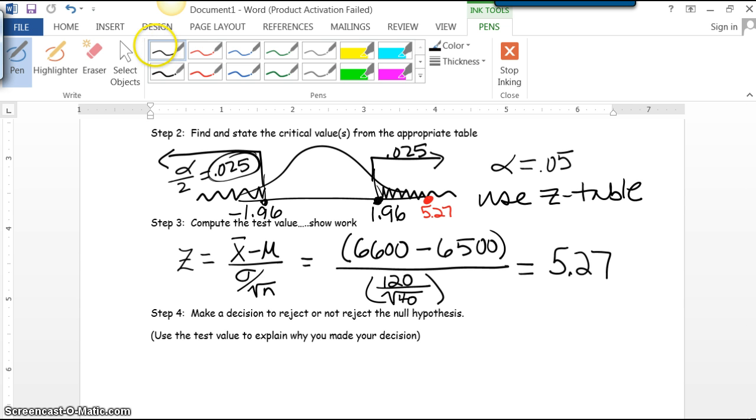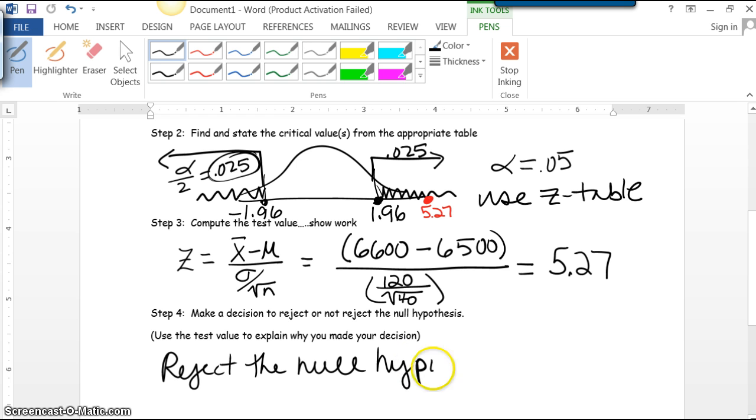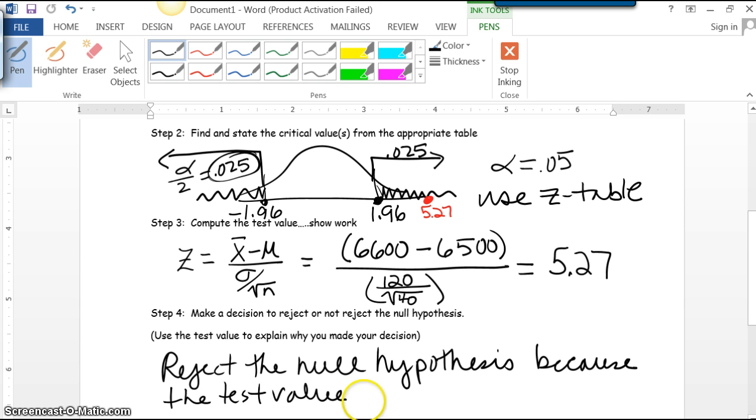And so in step 4, we reject the null hypothesis because the test value that we just calculated, the 5.27, is in the right critical region.